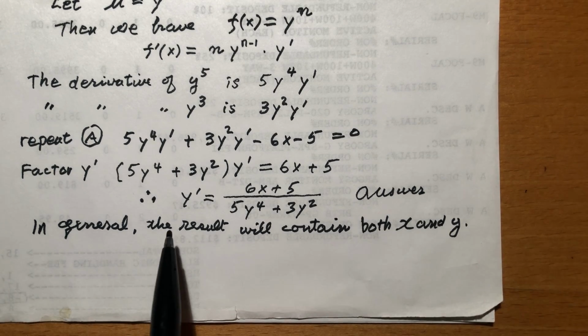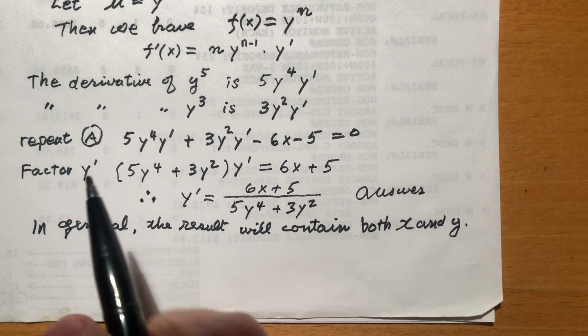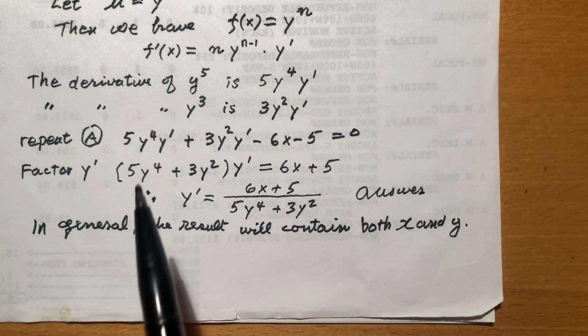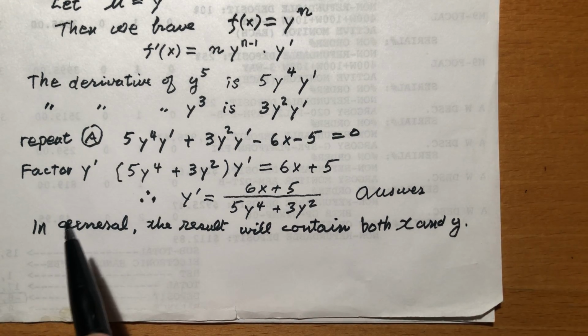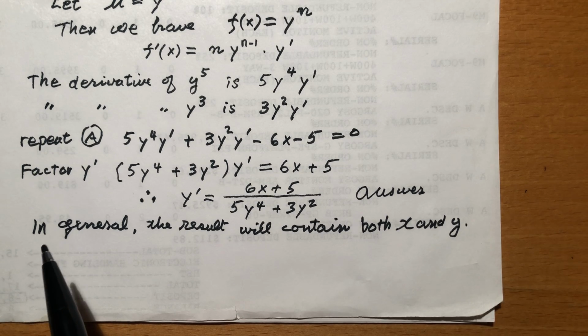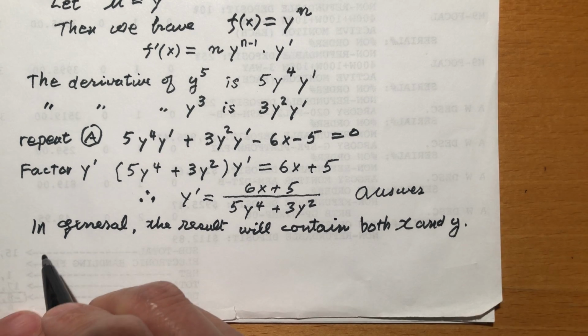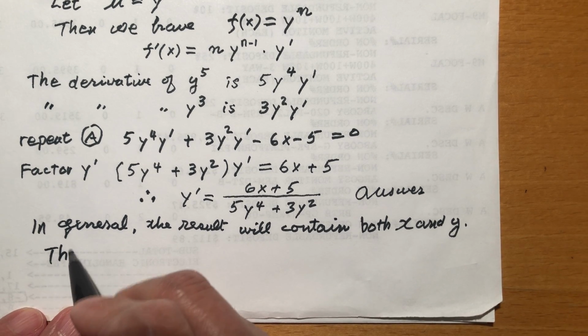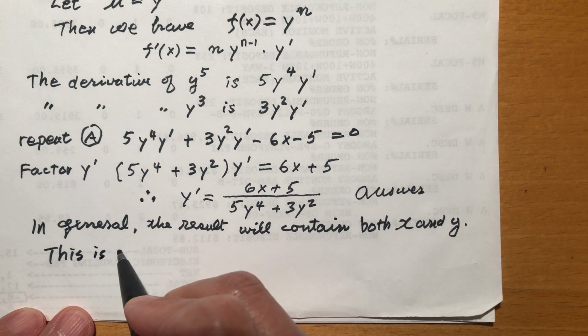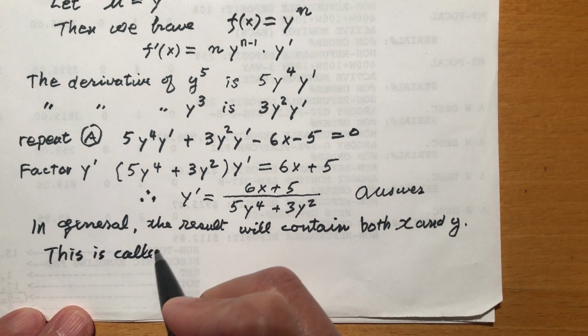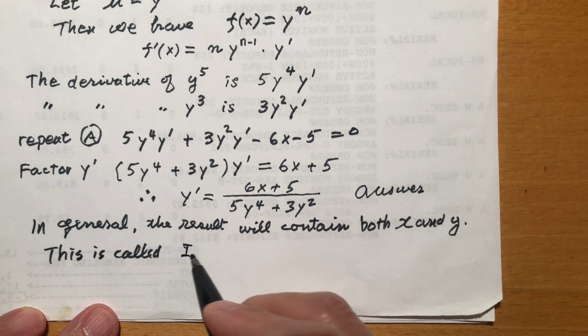When we find the derivative this way, we do derivative term by term, and we do not need to solve for y. If we do it this way, it is called implicit differentiation.